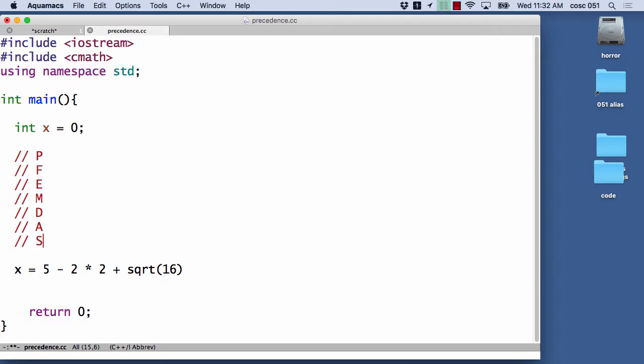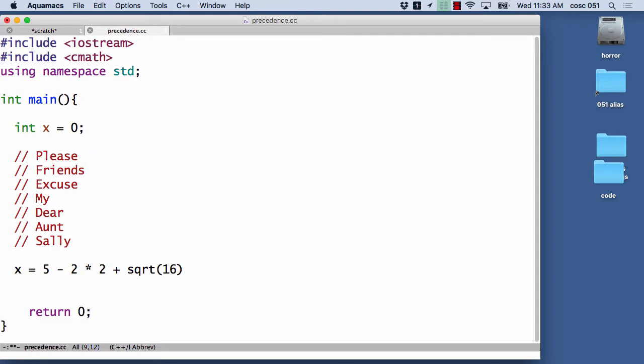All right, this is the order of operations. The mnemonic: please excuse my dear Aunt Sally. So this is the way to remember.